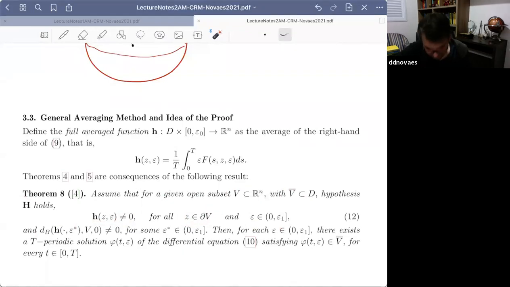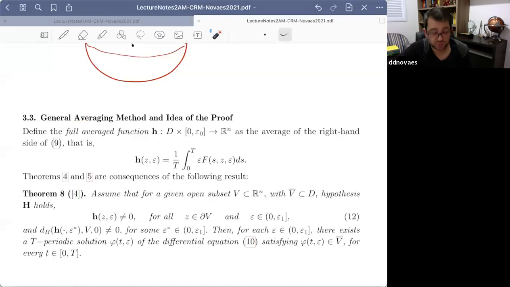Under this hypothesis, for each epsilon in (0, epsilon 1), there exists a T-periodic solution of the differential equation, satisfying that it is contained in the closure of V for every t between 0 and T. So this is a general averaging method.